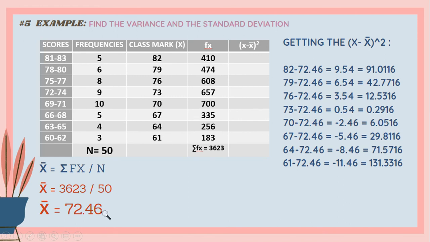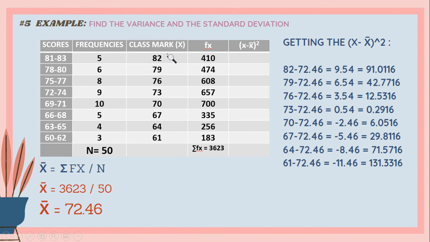So, 82 minus 72.46 is equal to 9.54, squared, so it will be 91.116. 79 minus 72.46 is equal to 6.54, then squared, so it will be 42.7716. 76 minus 72.46 is equal to 3.54, then squared, so it will be 12.5316. 73 minus 72.46 is equal to 0.54, then squared, so it will be 0.2916, and so on.